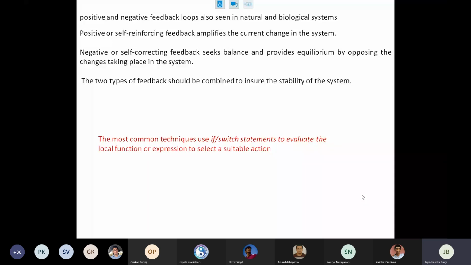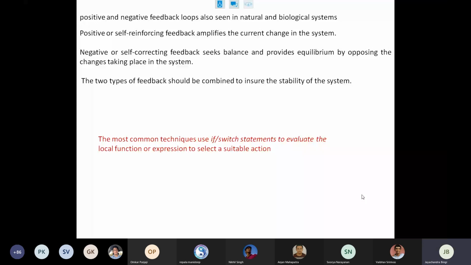What is meant by a feedback loop? As I told, positive and negative feedback, right? Please remember, if any change is taking place in the system, in that particular case, if any feedback is coming, that feedback is going to increase the change, reinforce the change.